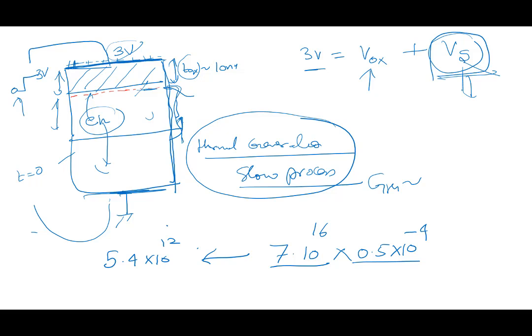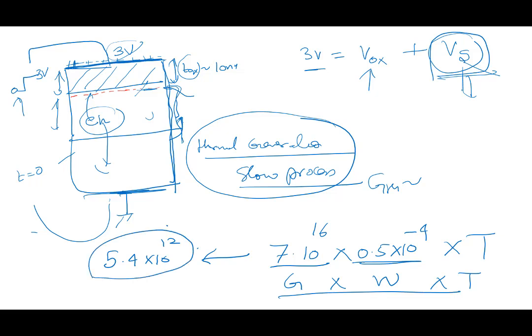This is the rate, number of carriers generated per centimeter cube per time. This is the thickness of the depletion region, and this is the total time that it will take to form. Rate G multiplied by the depletion width W multiplied by time should give rise to 5.4 into 10 power 12. Somebody calculate how much time will it take?